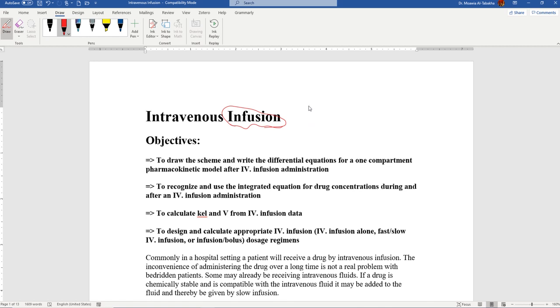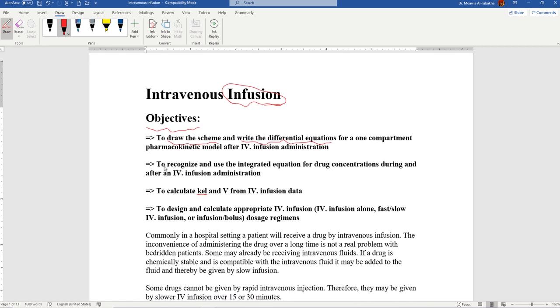What you are supposed to be able to do after finishing this topic: you are supposed to be able to draw the scheme representing IV infusion and the one compartment model. You should be able to write the differential equation. Another thing is you should be able to recognize the integrated equation.